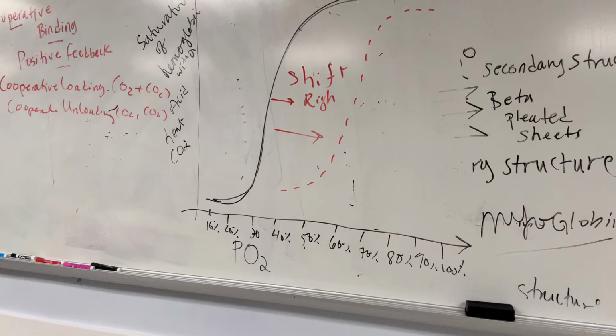This Bohr graph, this sigmoidal curve, is not set in stone. It's set in stone when you're homeostatic, healthy, sitting down, watching a movie, all relaxed. But once you're under stress, it's not going to be the same. It's going to shift to the right, meaning that it's going to be accommodating you.